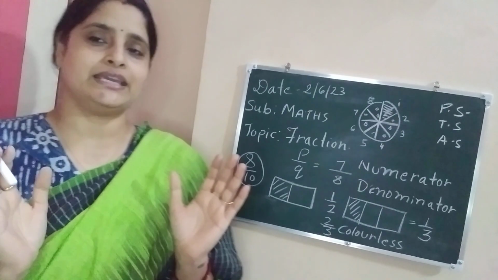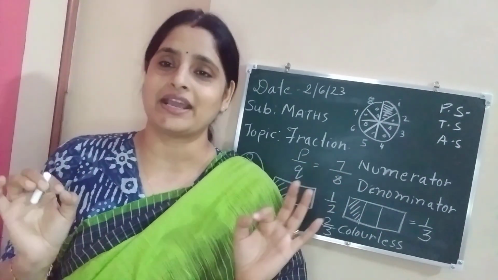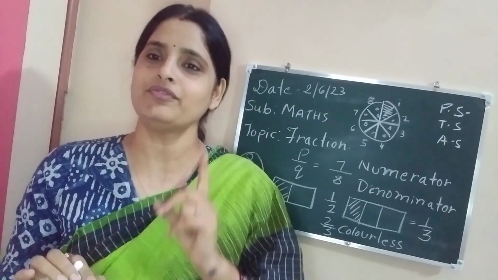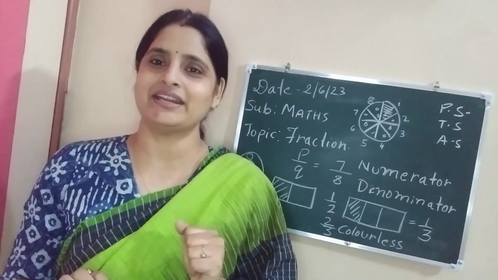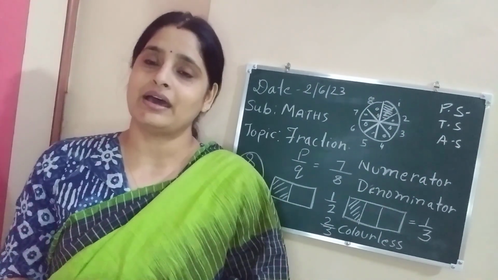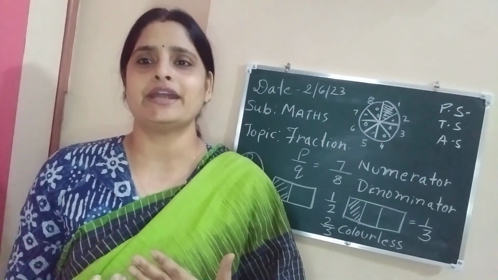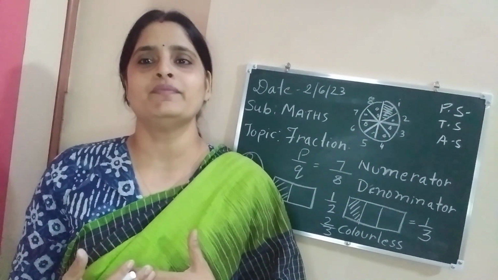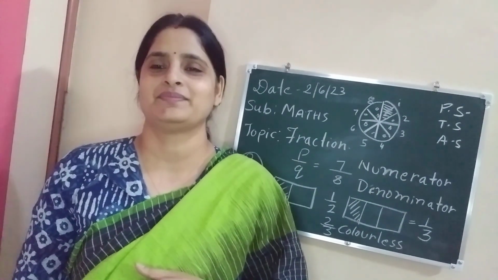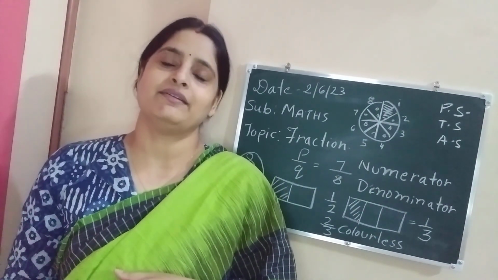So we all are saying, what is a fraction? A fraction is a part of the whole, 1. Very nice. And how can we represent a fraction? If any number is written in the P upon Q form, that is called a fraction.